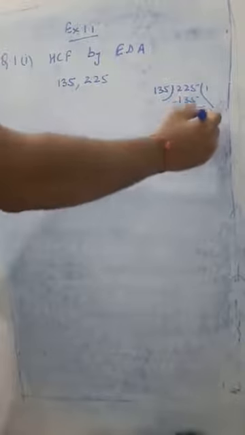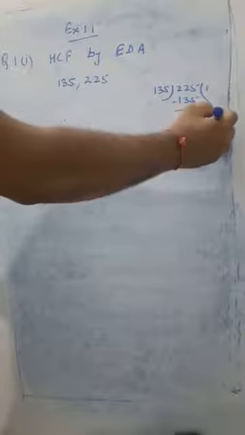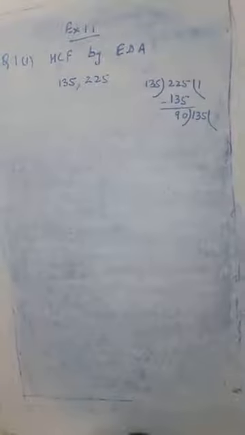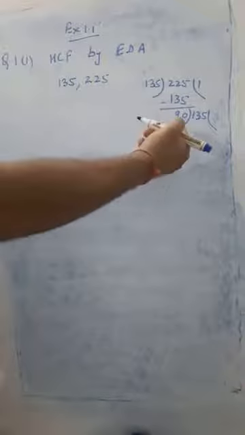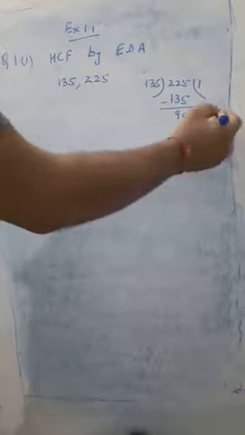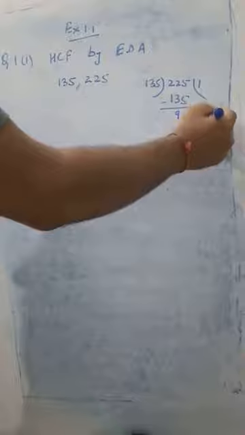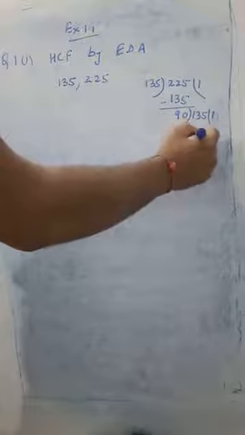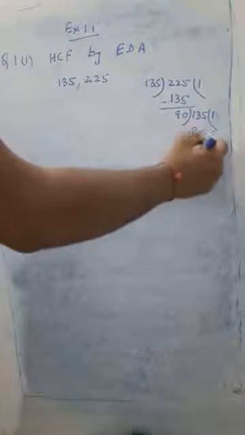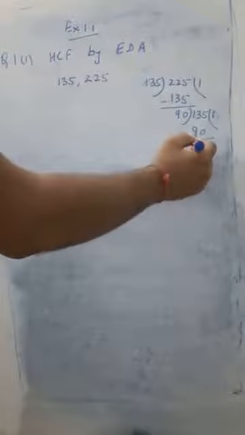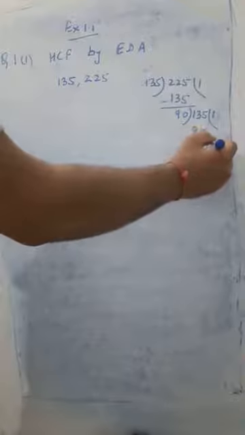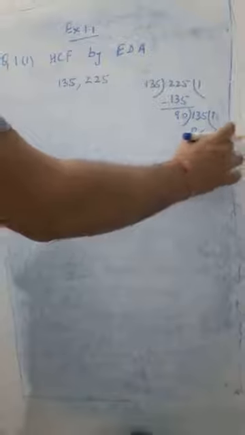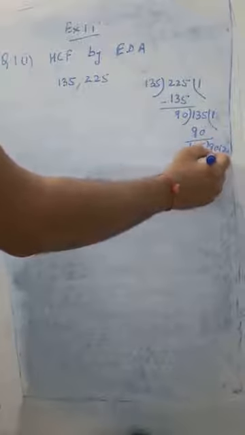Again we divide 90 into 135. So we continuously divide 90 into 135, that is one time. 135 minus 90, 45. Again we divide 90, that is 2 times, this is 90.